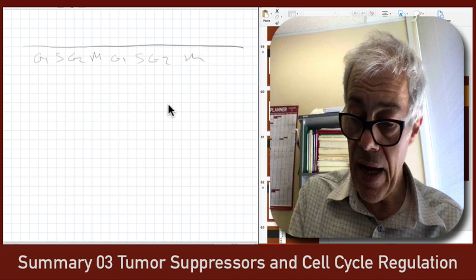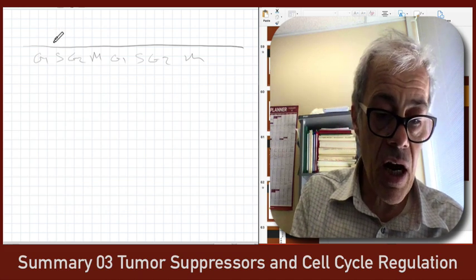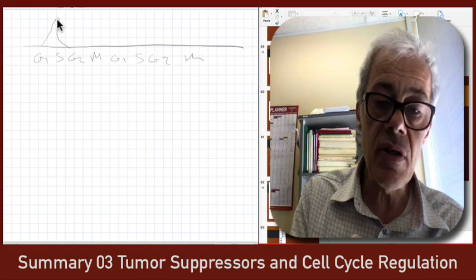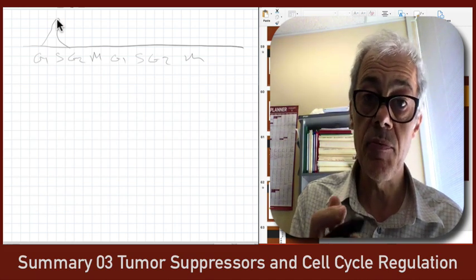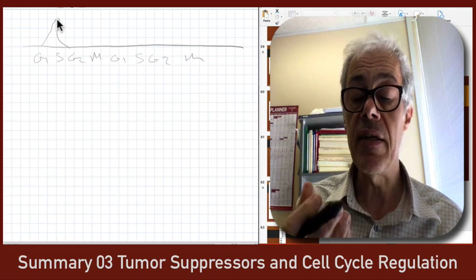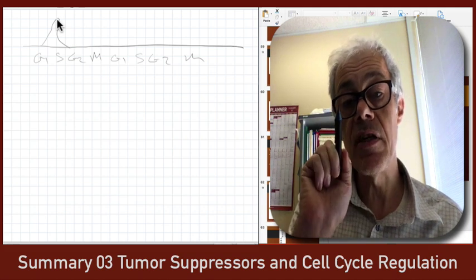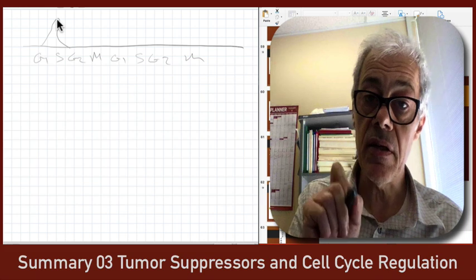And they did that, and they noticed that these cyclins show peaks in expression. So these are cell cycle regulated proteins, proteins whose expression is determined by which stage in the cell cycle it's in.